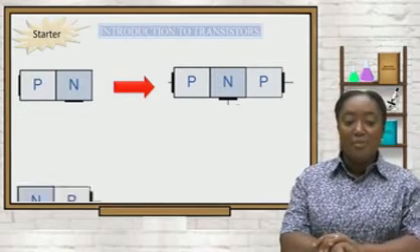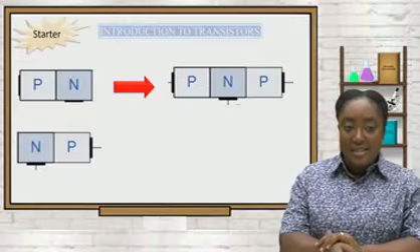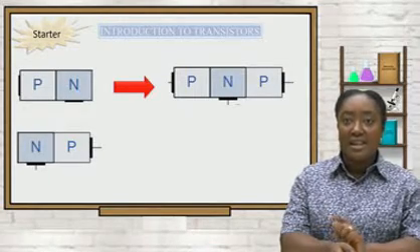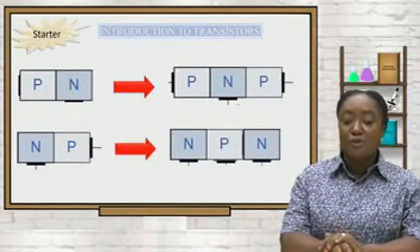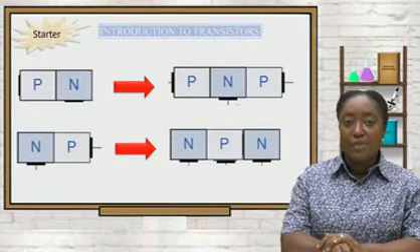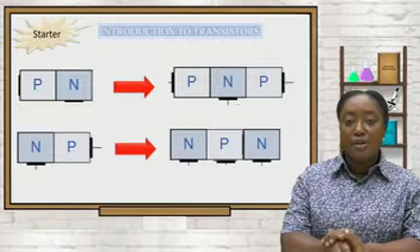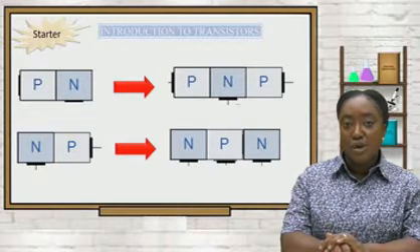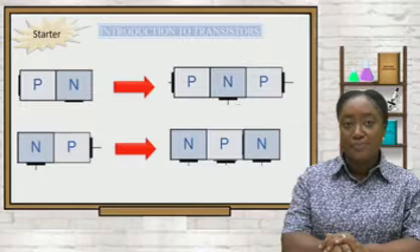Alternatively, we can put an n-type, a p-type, and another n-type together to form an NPN transistor. We will look more into the details of what transistors do as the lesson progresses.